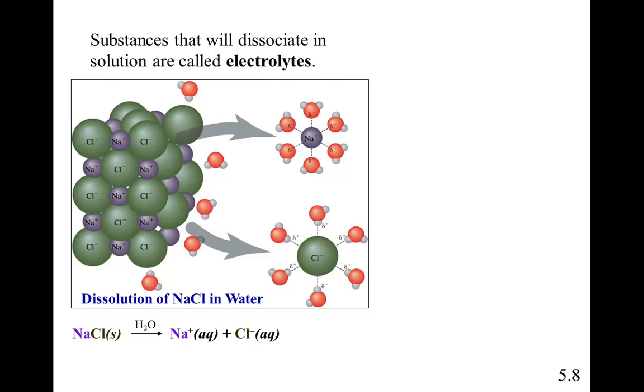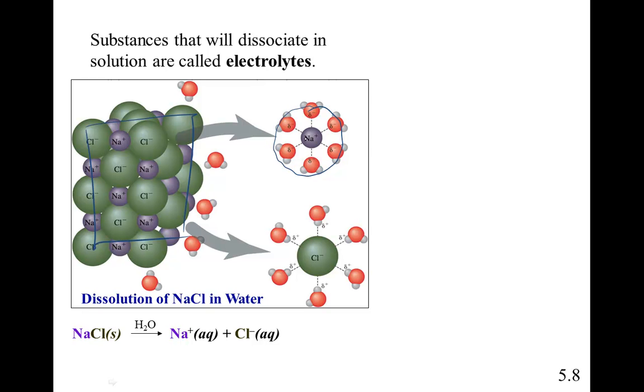All right, we've talked about this before. What happens when we put table salt in water? Well, here's the salt crystal here. It's like those little crystals you see in your table salt. When you put that in water, the water gets in between the sodium and the chlorides and forms a cage around the sodium ion. And notice the partially negative oxygens orient themselves towards the positive sodium ion.